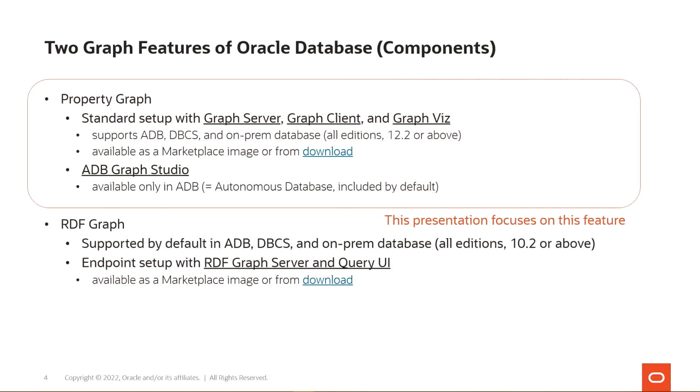We have something called a graph server and graph client, and a graph visualization application that can be downloaded from Oracle Technology Network or from edelivery.oracle.com. And we also have something called Autonomous Database Graph Studio, which is an embedded tool for modeling graphs, querying graphs, and visualizing graphs as part of the autonomous database.